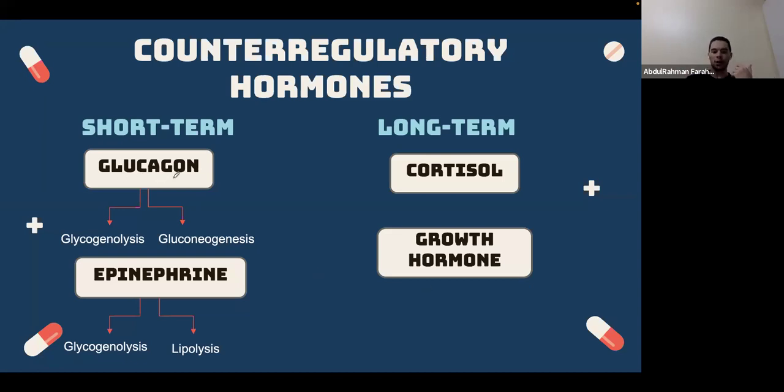The short-acting hormones would be glucagon, and we already know that it increases glycogenolysis and gluconeogenesis. And epinephrine is the other short-acting hormone. It increases glycogenolysis, however, it doesn't increase gluconeogenesis, it increases lipolysis. And it's important for us, these short-acting hormones right now.